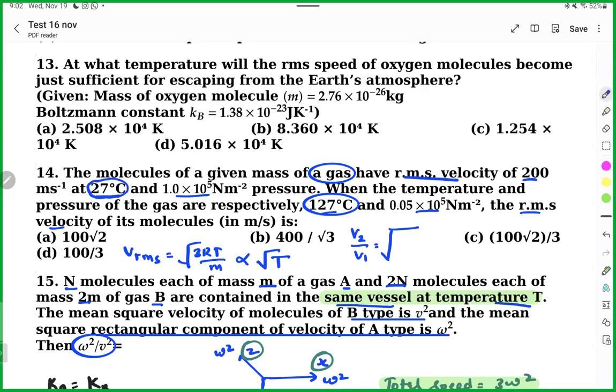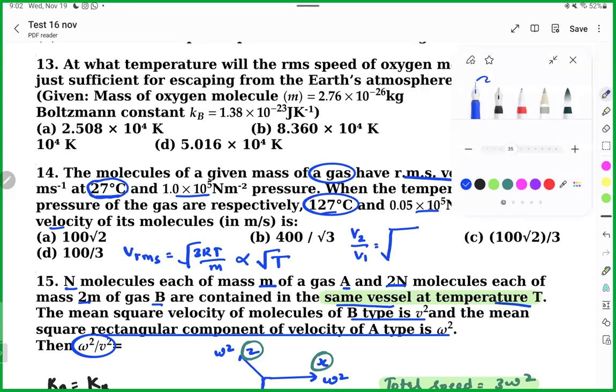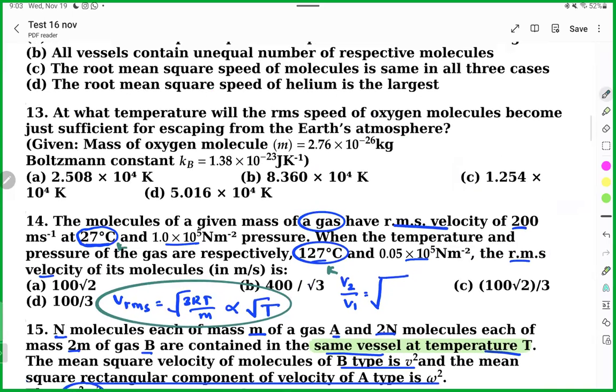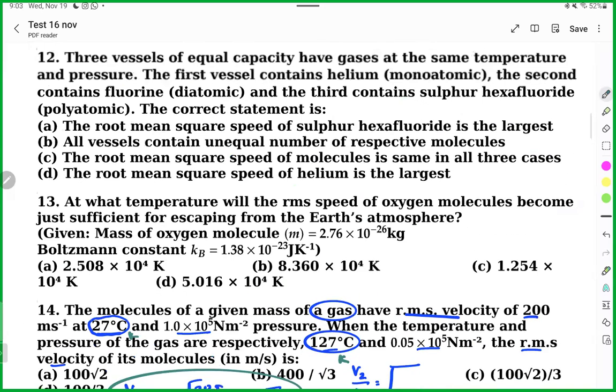So every time I will tell you the mechanism, what mistake you can make. First, it is directly proportional to under root of temperature. Second, take temperature in Kelvin. That's all. You will get the answer. Ratio. Sania, 13th question.